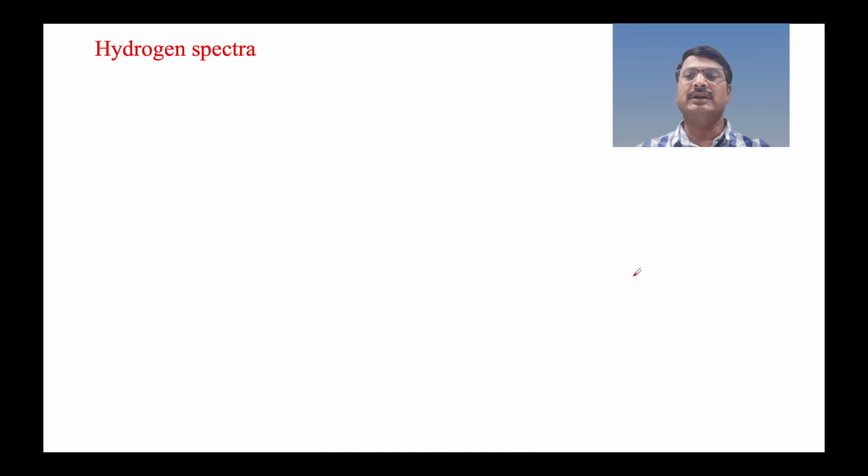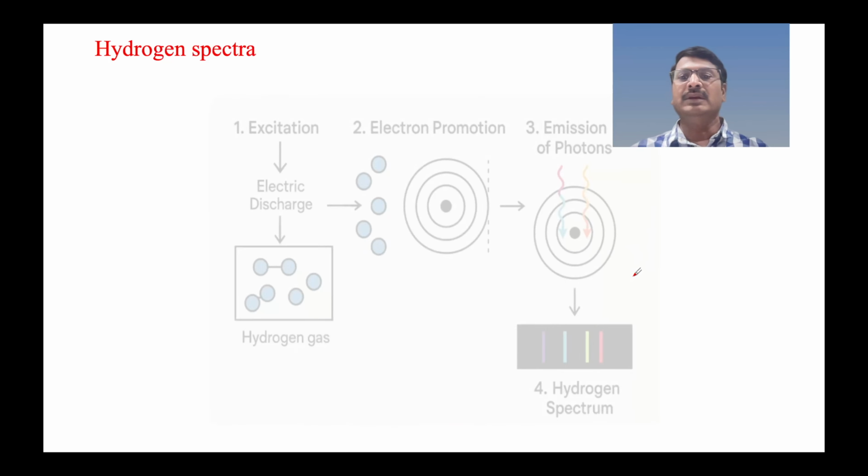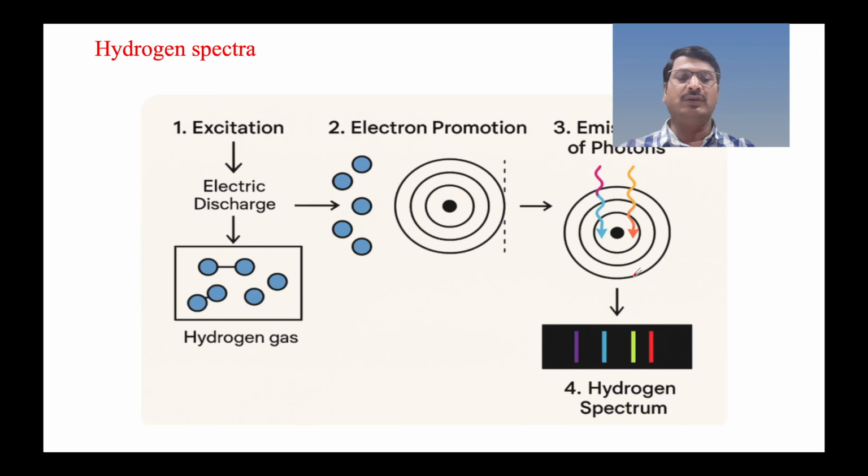And next let us come to the hydrogen spectra. So how do we get the hydrogen spectra? First you have to take hydrogen gas into the electric discharge tube, and by using this electric energy, the hydrogen gas molecules will first convert into hydrogen atoms.